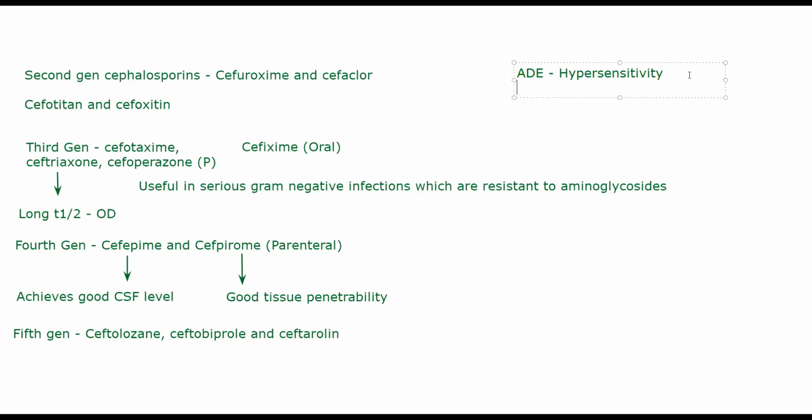So, out of 100 patients who are sensitive to or hypersensitive to penicillins, among them, generally 20% will show cross reactivity to cephalosporins, meaning they are sensitive to both penicillins and cephalosporins. 80% of the people who show penicillin hypersensitivity will not react to cephalosporins.